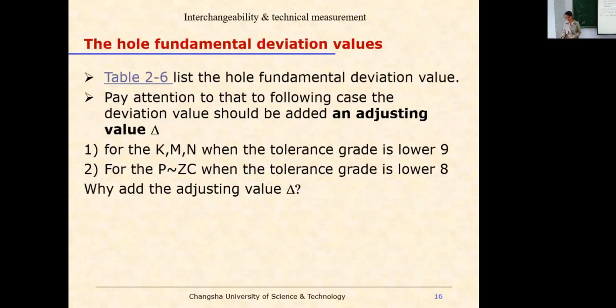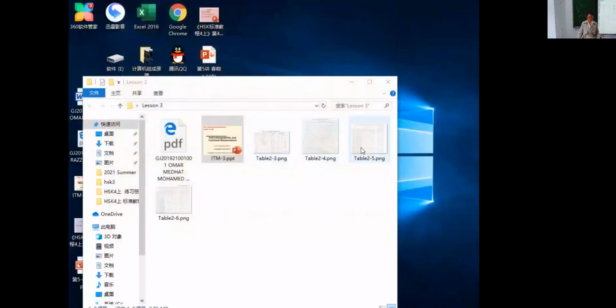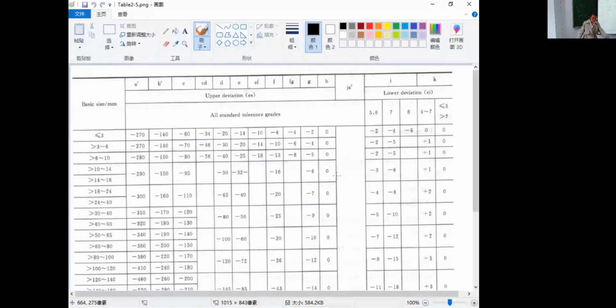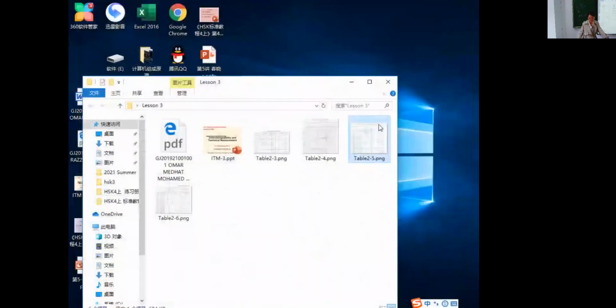Continue along that line. You have minus 30, minus 33, I guess.